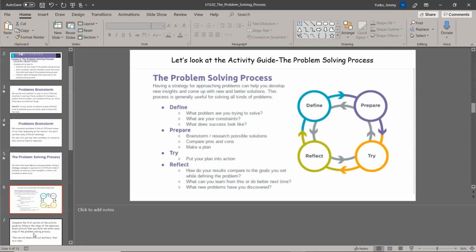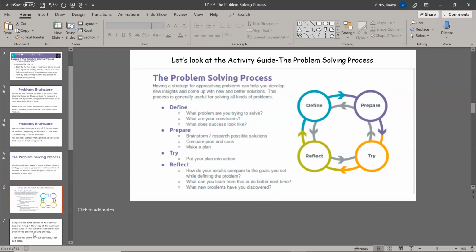We described our problem-solving process as 4 steps: define, prepare, try, and reflect. The define step is for identifying what it is you need to solve, be specific, understanding what the constraints and limitations are. To prepare, we want to brainstorm, research, compare pros and cons, and make a plan, write it out.